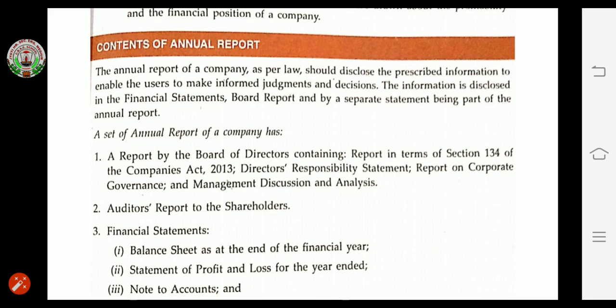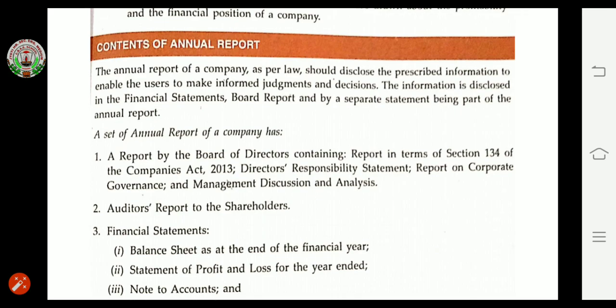Now there is a set of annual report. First, we are having a report by the board of directors containing report in terms of section 134 of the Companies Act 2013. Directors responsibility statement, report on corporate governance and management discussion and analysis.